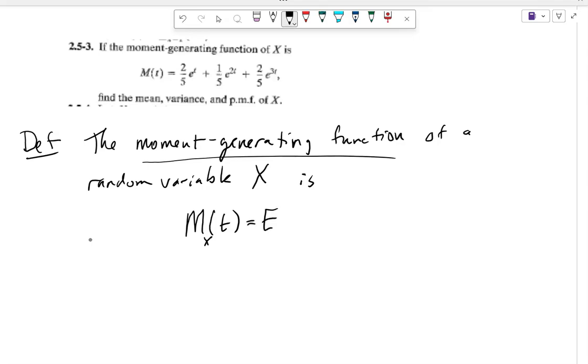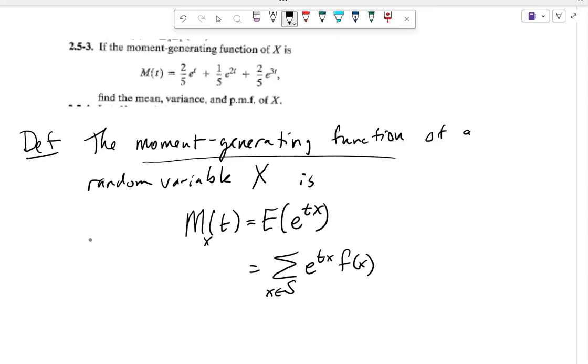This is going to be the expected value of e to the tx. Or if I write it as a summation notation, it looks like that. If you've taken differential equations and you replace that summation with an integral sign, that is the Laplace transform. Okay? If you've seen differential equations, that's exactly how the Laplace transform is defined.